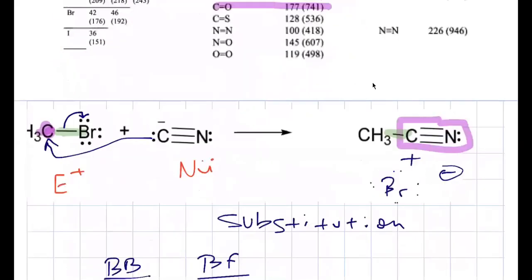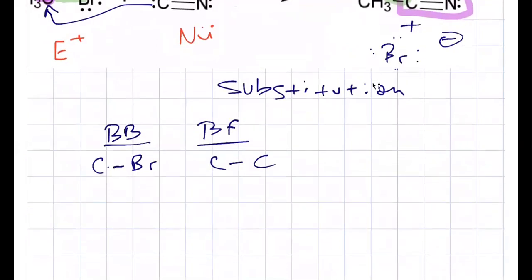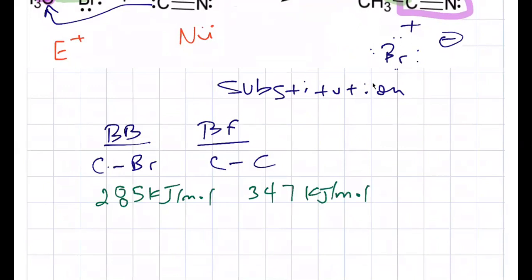So bonds broken, 285, and then 347. Is that right? Yes. So what is that? 62?